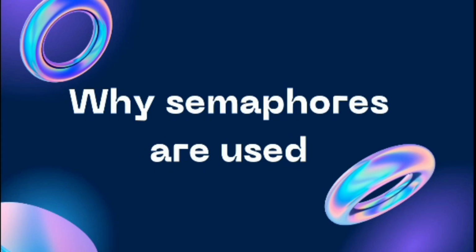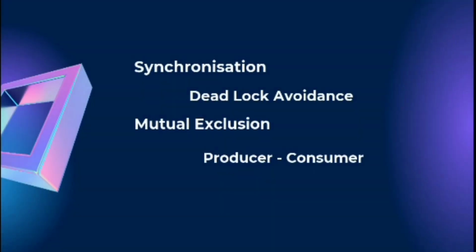So now let us know why semaphores are used. Semaphores are typically used for the following purposes. Synchronization. Semaphores can be used to coordinate the execution of multiple processes or threads, ensuring they perform their task in a specific order.